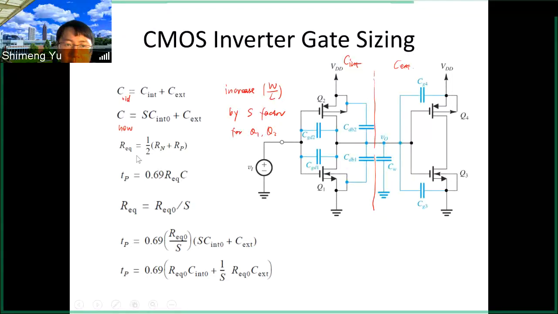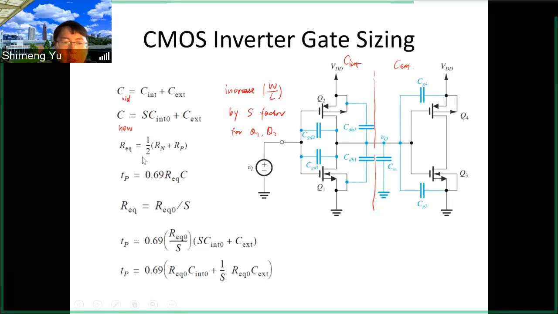And then let's look at the RC equivalence. The equivalent resistance, if we consider both NMOS and PMOS, will be the average of Rn and Rp. So the Tp will be 0.69, again from the previous derivation, this coefficient, and then RC. Now if we increase the W over L, the resistance will decrease by this S factor.